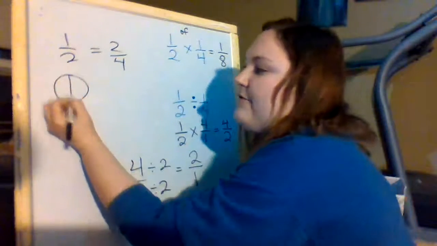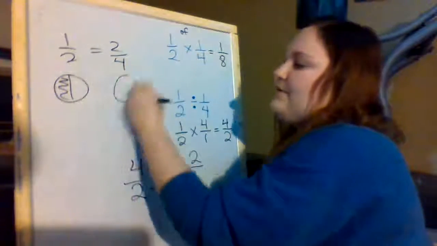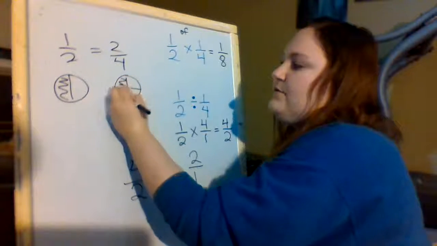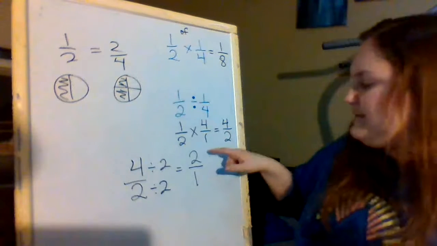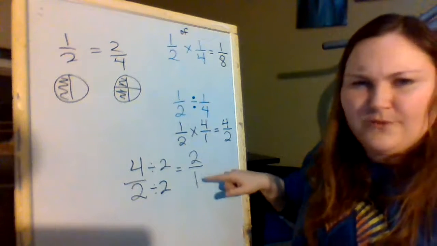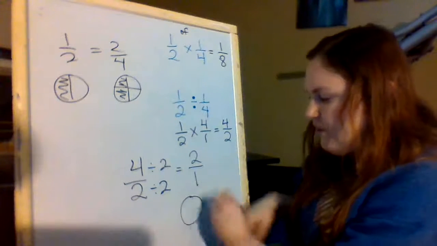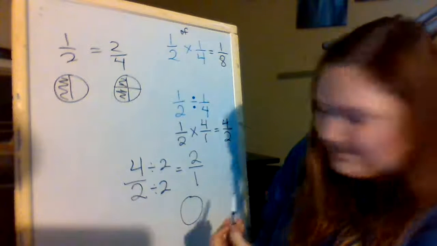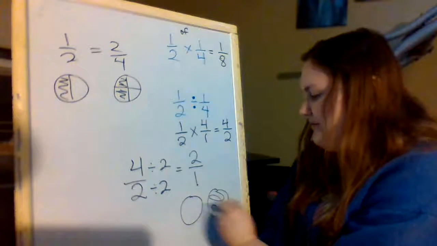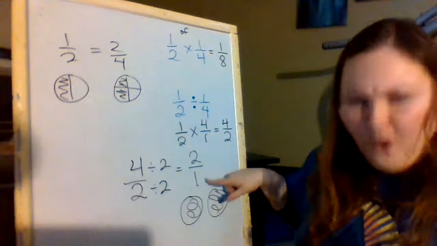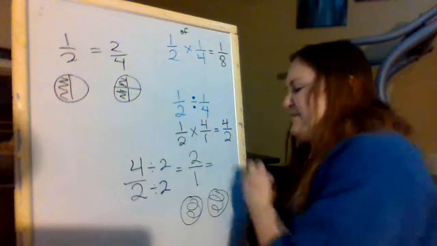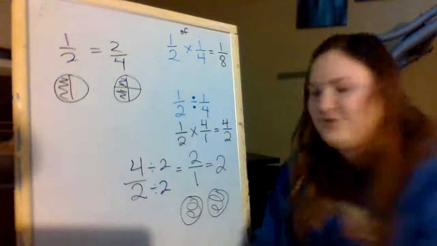So you have 1 out of 2 parts. You have 2 out of 4 parts. This means you have 2 wholes. Means you've got 2 whole circles. It wasn't divided up into parts. So instead of saying I have 2 wholes, the simplest way to write this is just 2.